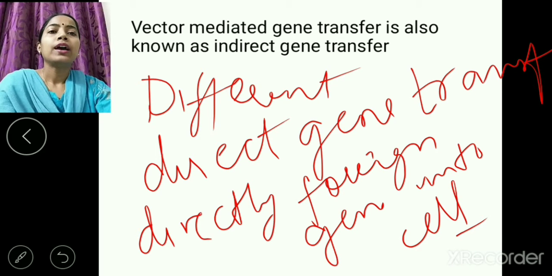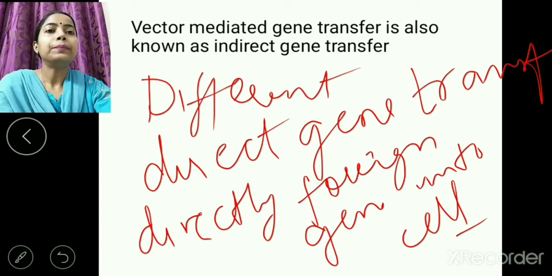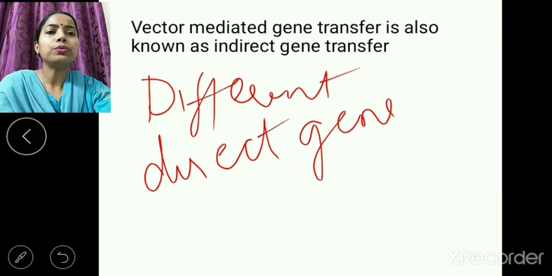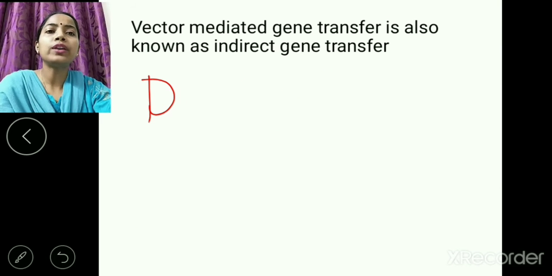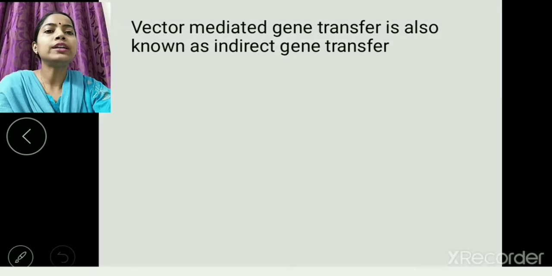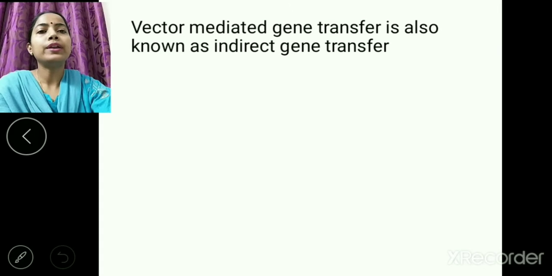But in case of the indirect gene transfer method, we are using vectors. The vectors here are also known as cloning vehicles that you have learned in chapter 1, recombinant DNA technology.